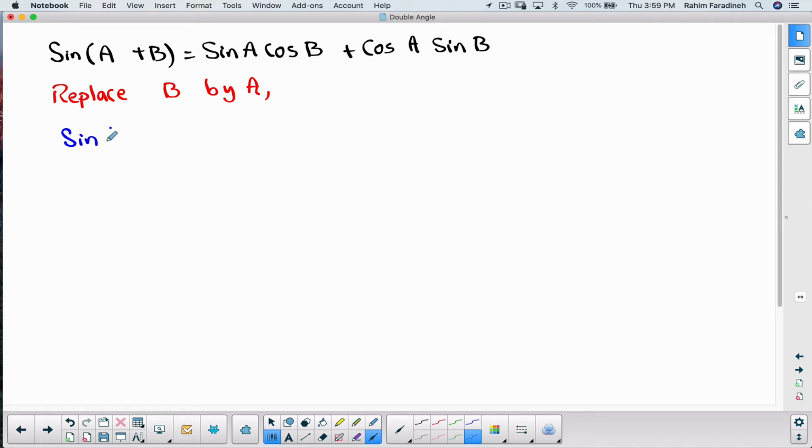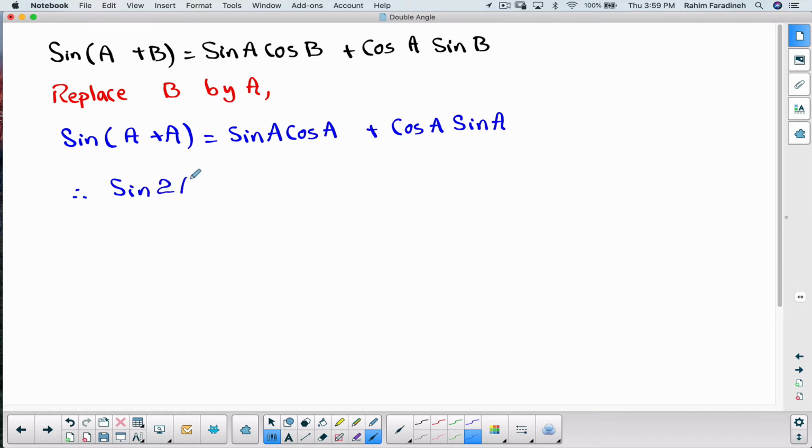We're going to get sine of A plus A is equal to sine A cosine A plus cosine A sine A. So therefore, we have sine 2A equal to 2 sine A cosine A.